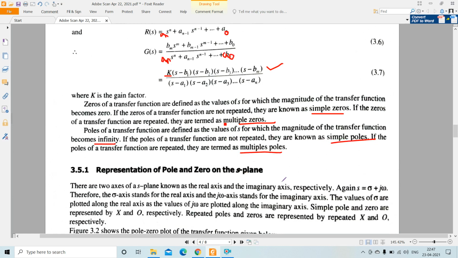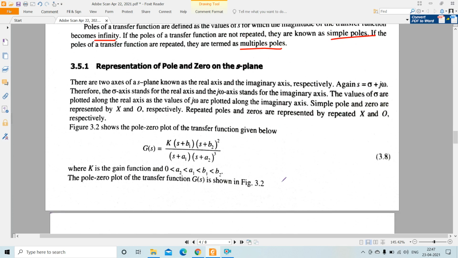Now, representation of poles and zeros on the s plane. Normally the s plane has two axes: one is the sigma axis, the other is the j omega axis. Sigma axis is the real axis, j omega axis is the imaginary axis.